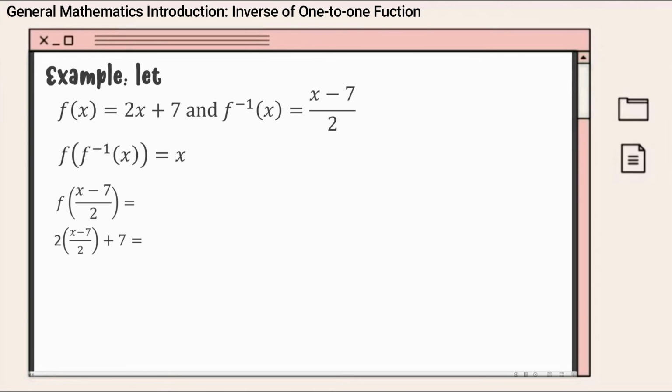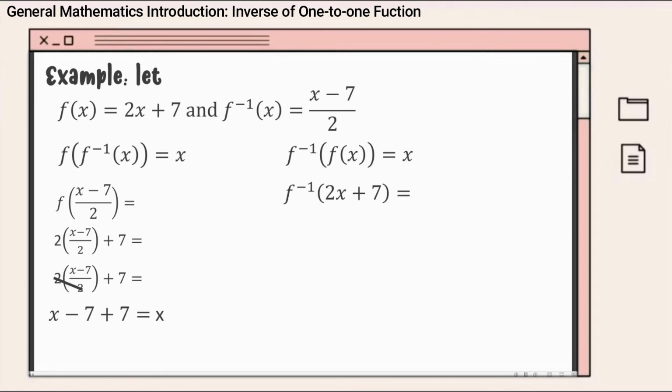So we can cancel out here the 2. So we have x minus 7 plus 7 is equal to x, because minus 7 plus 7 is equal to 0. We can conclude that f of x and f inverse of x are inverses of each other. So the next property is f inverse of f of x is equal to x. So f inverse of 2x plus 7.